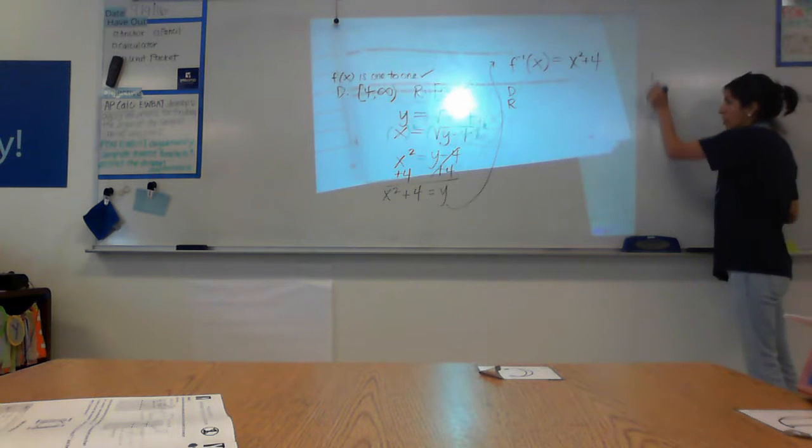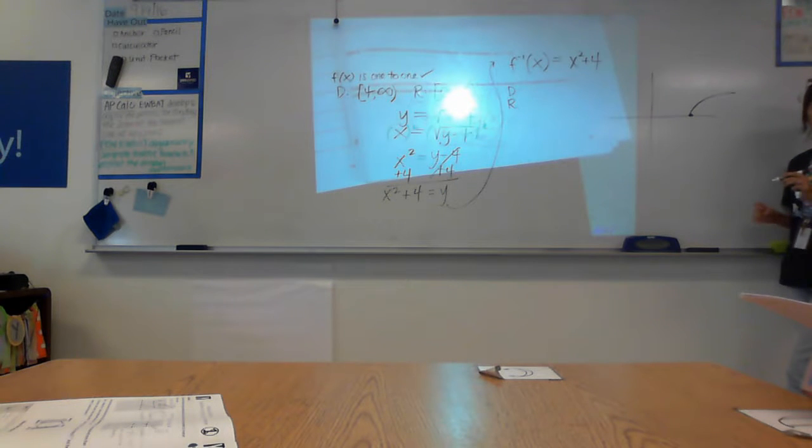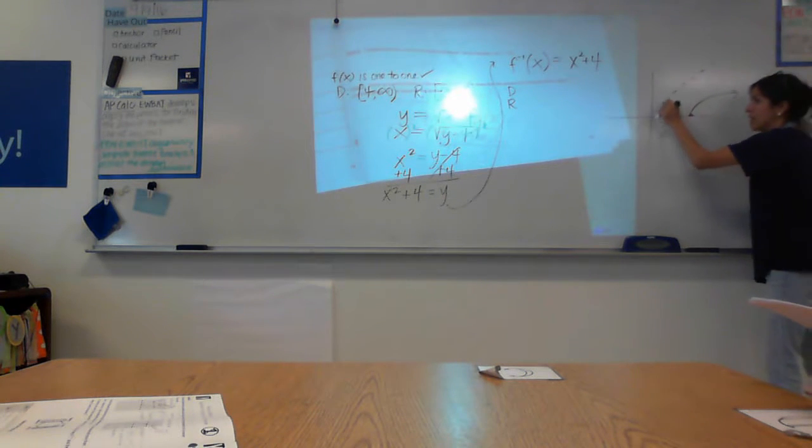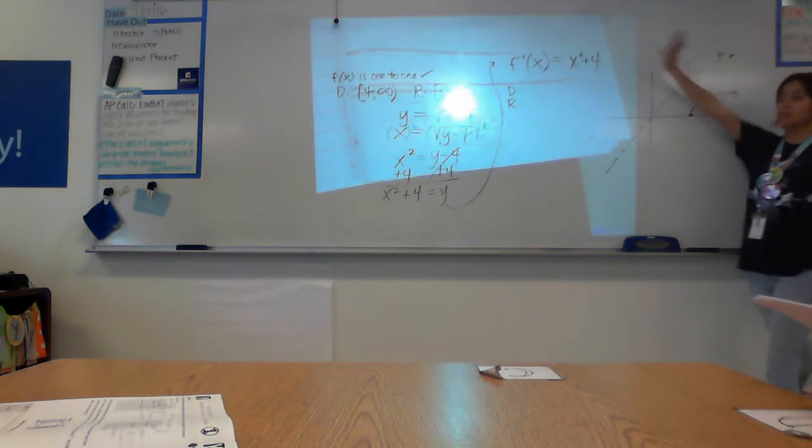Okay, so the graph, which I just erased, but it was like this, right? That's the one you have on your paper? To find an inverse graphically, I think we talked about this yesterday, I put the line here at y equals x, and I would flip this over that line.